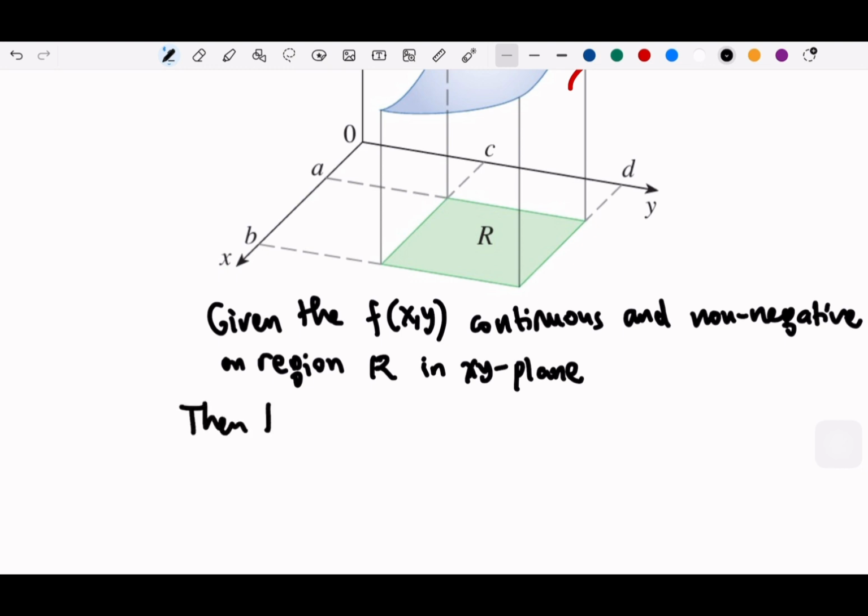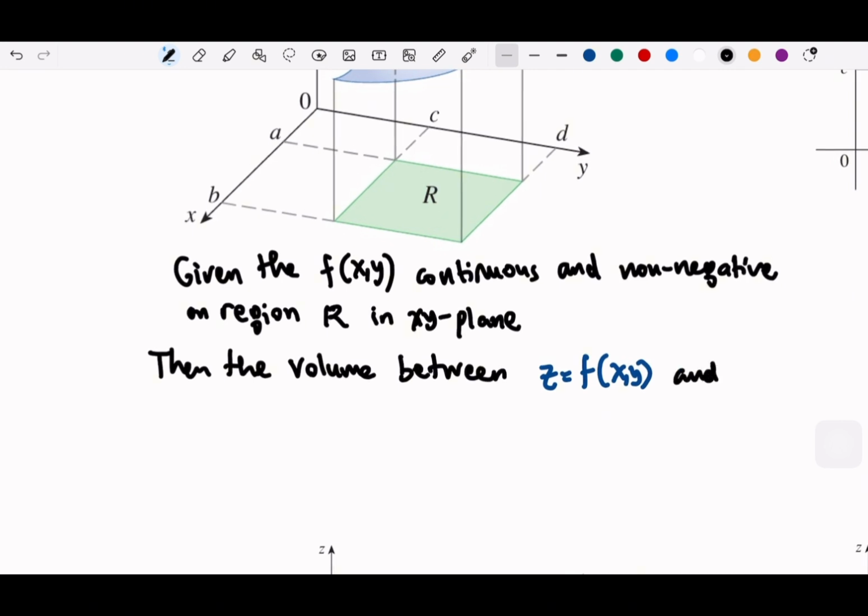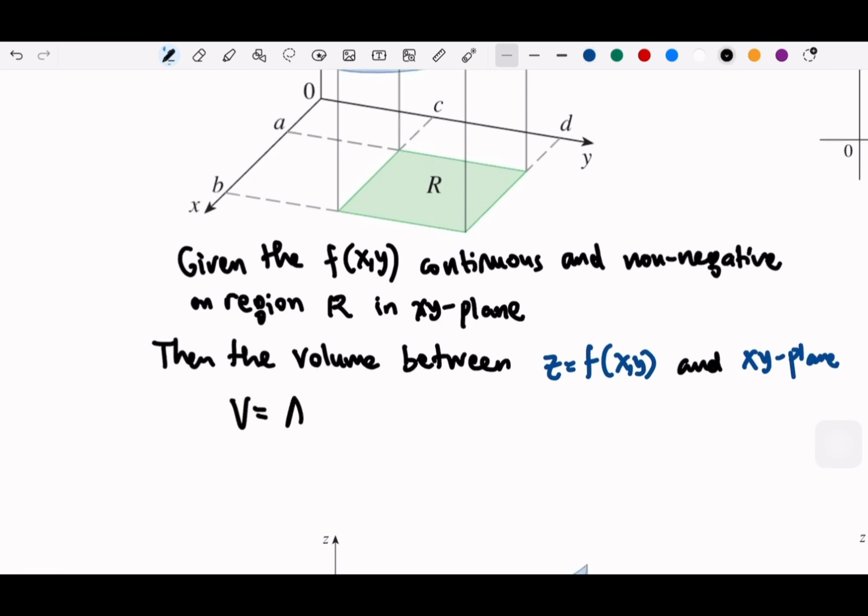Then the volume between z equal f(x,y) and the xy plane is, we can write as, the volume is the area of R multiplied by the height, right?